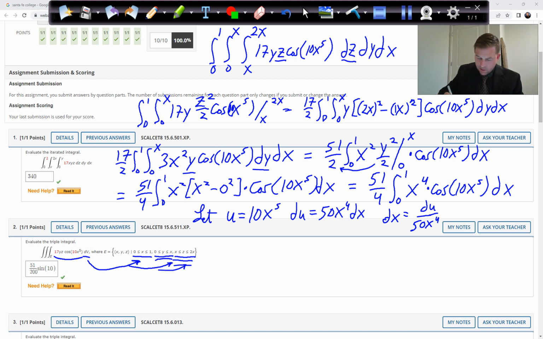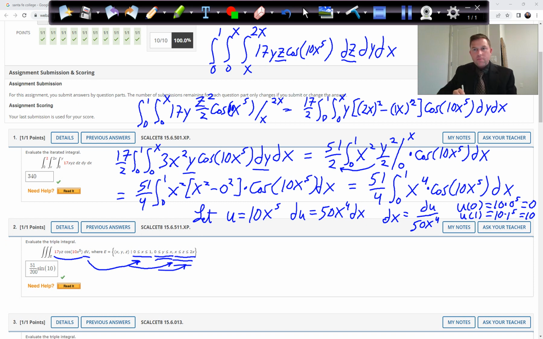And let's substitute in the limits. So we're going to get u of 0 is 10 times 0 to the 5th, which is just 0. And u of 1 is 10 times 1 to the 5th, which is 10.